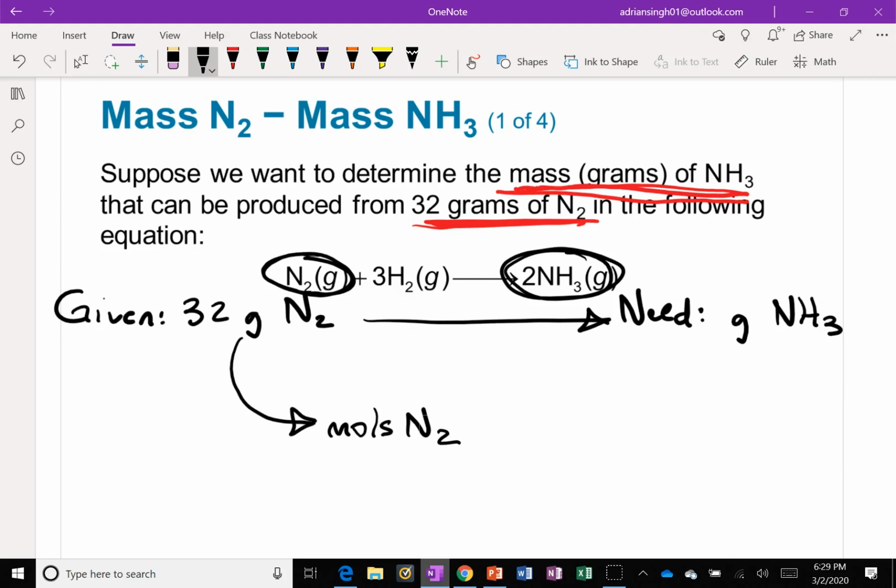Grams of N2 to moles of N2. How can I get there? What am I going to use? We use the molar mass of a substance to convert from grams to moles.